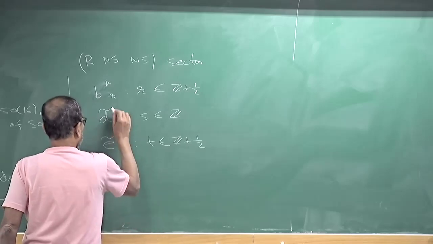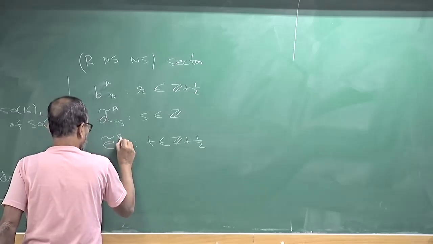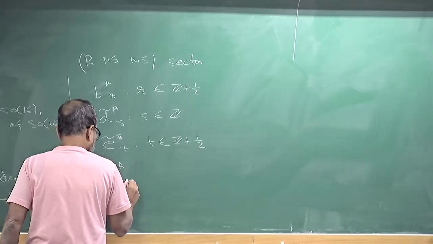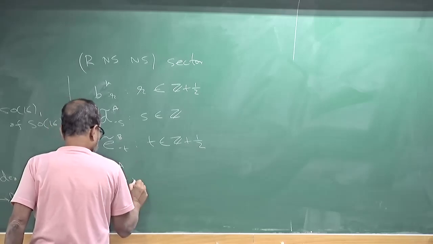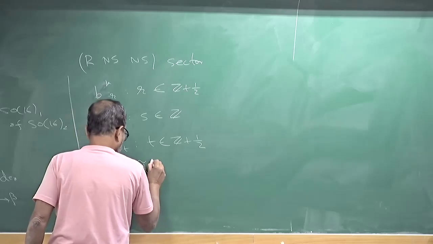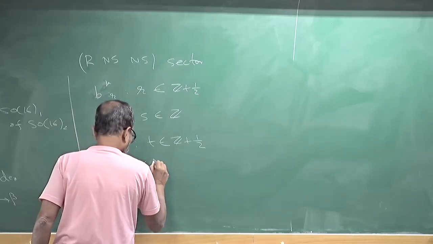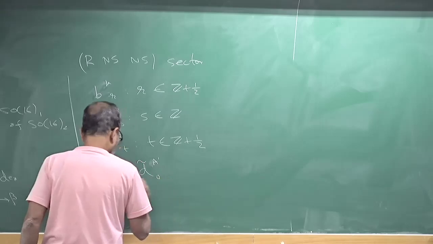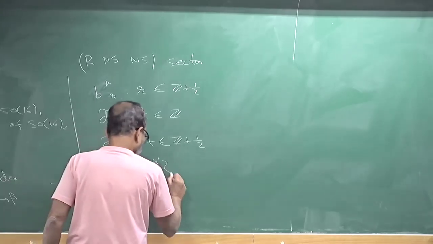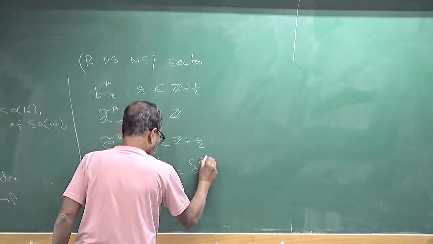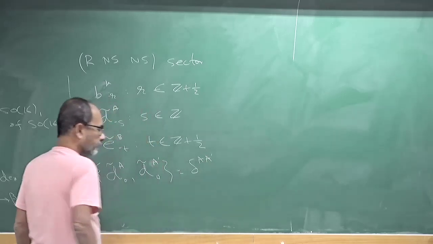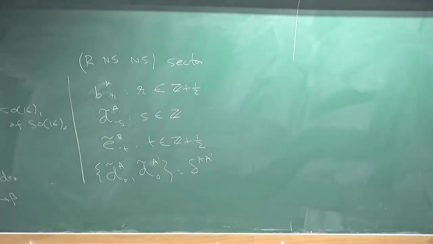These are A and B. Then you have the anticommutator of d A 0 and d tilde A prime 0 equal to delta A A prime. Okay, so this is the Clifford algebra.